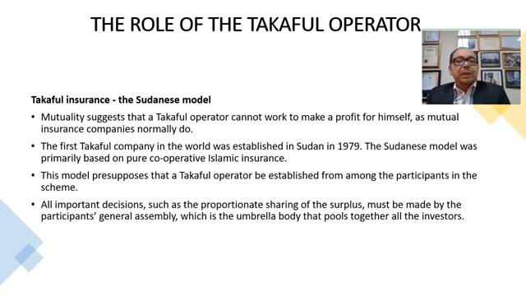All important decisions, such as the proportionate sharing of the surplus, must be made by the participants in the General Assembly. General Assembly means the general meeting you have every year, the annual general meeting, which is the umbrella body that pulls together the investors.